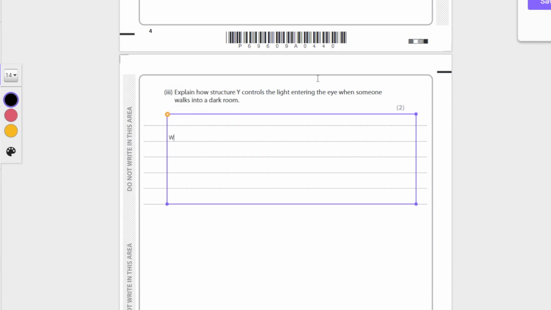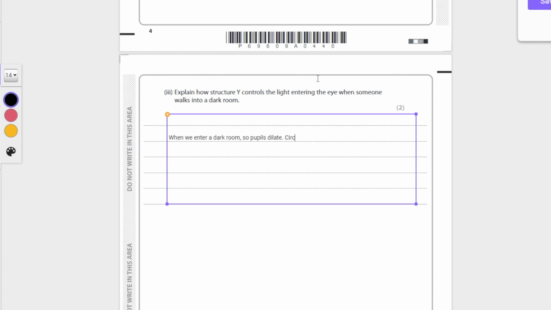So when we enter a dark room, remember that we want more light if it's dark. So we want our pupils to become larger. So the pupils dilate. That's the right word you should be using. Then it wants us to explain how structure Y controls it, so it wants us to talk about the individual muscles that do it.